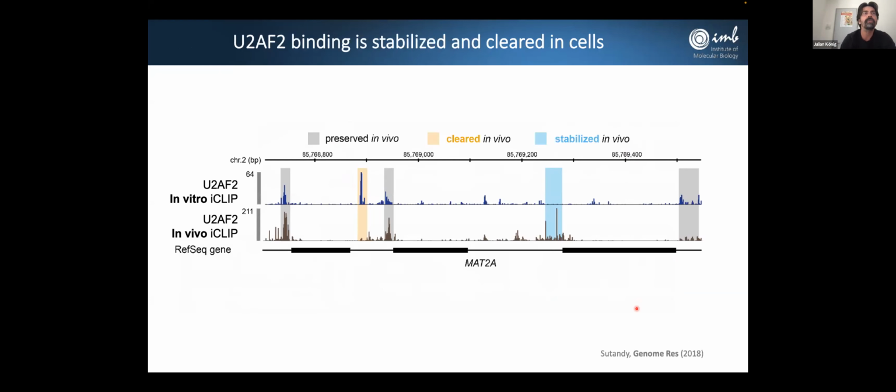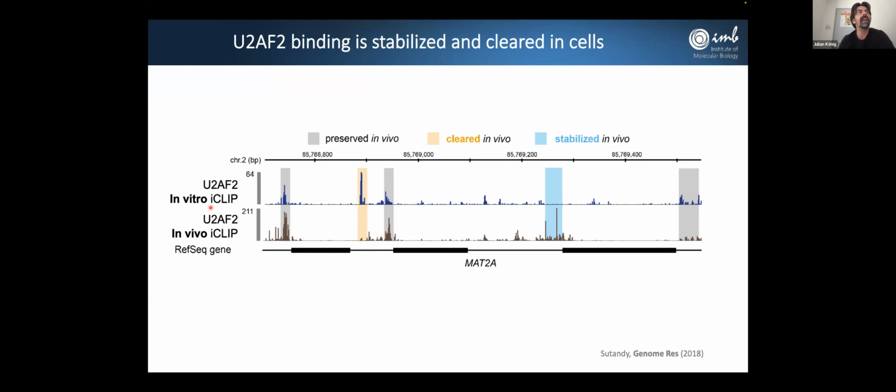And I want to show you one example of such an experiment that we did for U2AF2, this factor that recognizes the pyrimidine tract at the splice site. And here on the bottom is in vivo iCLIP data. And you can see that this protein nicely binds upstream of the splice site in the transcript here. This is a genome browser view, and here are schematic exons and introns.